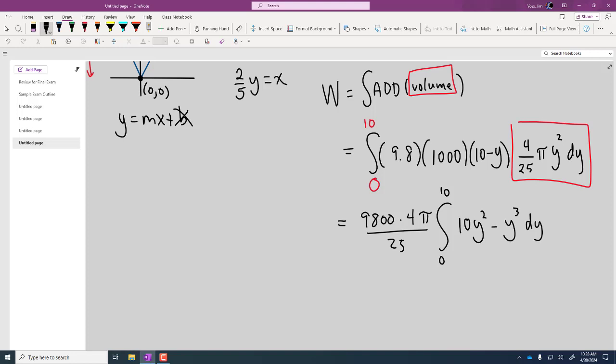So that's all that's left. And then integrate that with the power rule. The only stuff that's left, 10 minus y and y squared.